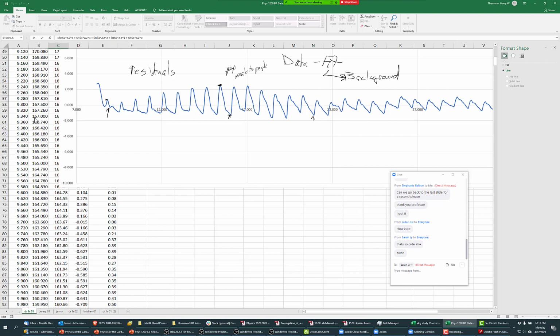We decided to pick here because at this point, since the blood vessel is no longer closing, the transducer can no longer see that point. Here, since it's got this maximum below 0, that means that the blood vessel is just closing right here, which is the definition of diastolic.